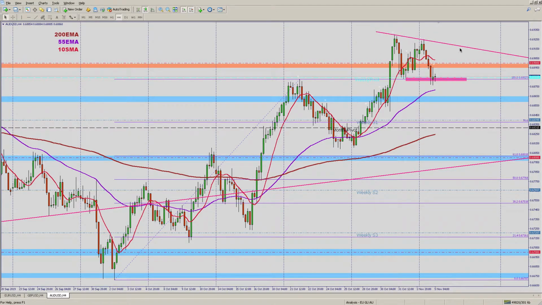It's going to be restricted by this down trend line, and there could be some consolidation later on. There's a 55 period EMA coming up at 0.6870 area, so this zone will be the next key support area.